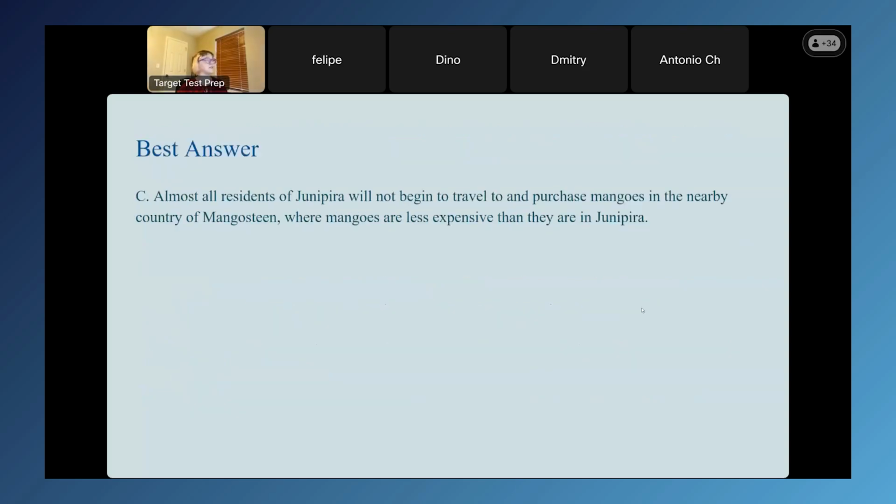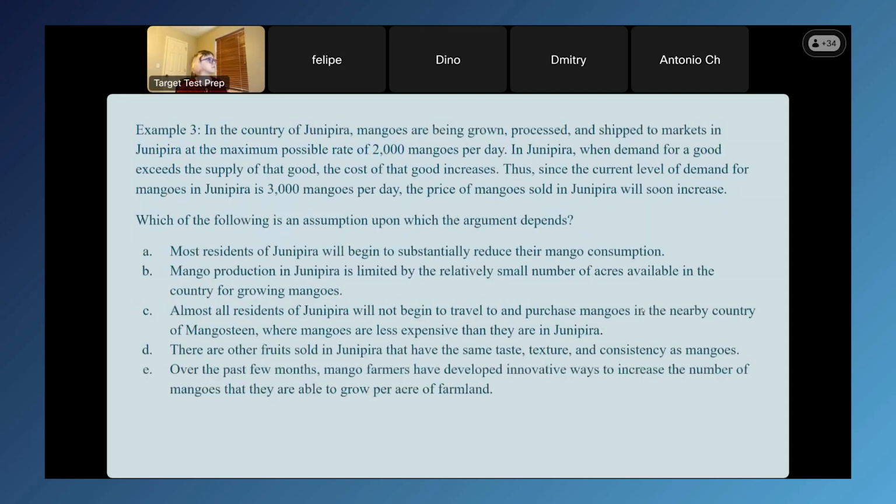Oh, C can't be the answer because, as you said, almost all the residents go to another. Yes. If the demand decreases, then on this one, the supply is 2,000 and the demand right now is 3,000.